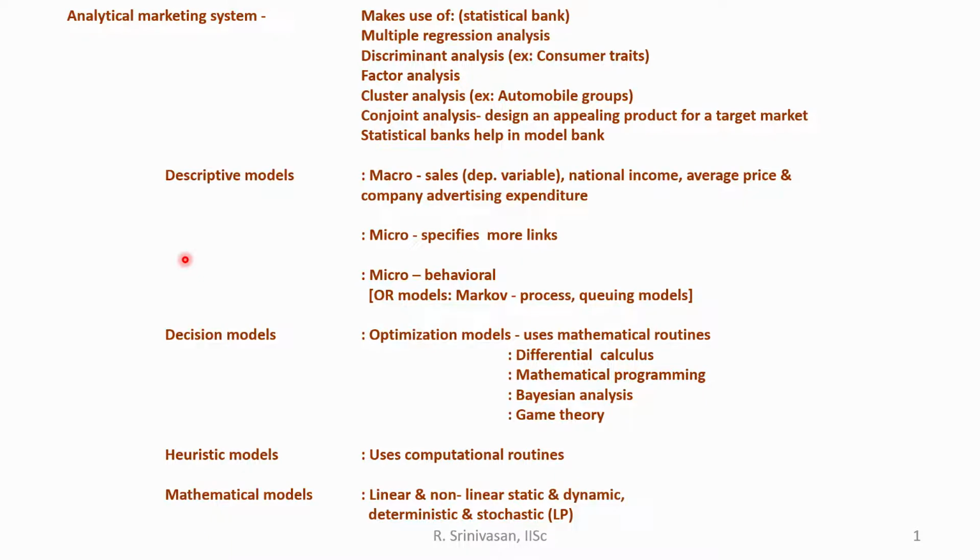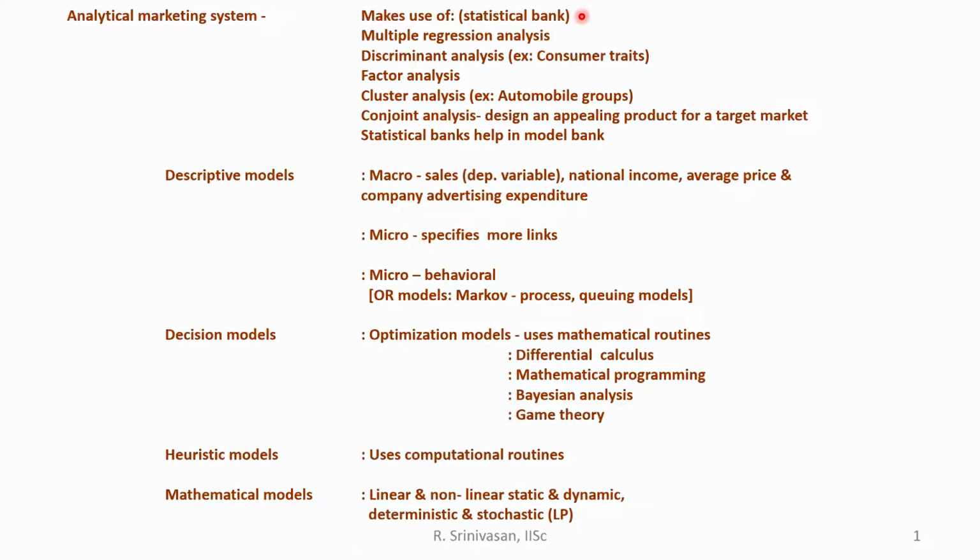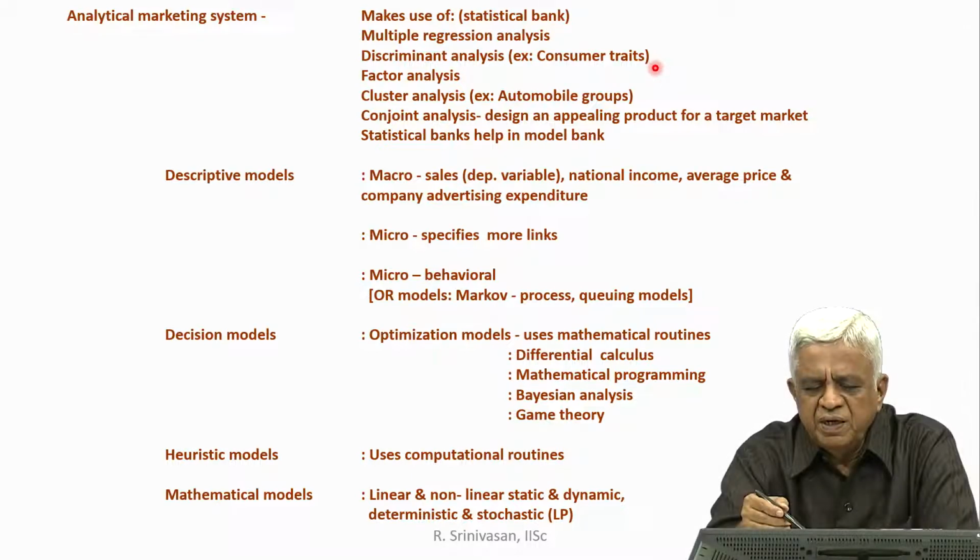In other words, an analytical marketing system always makes use of a statistical bank. The next question is, what does this statistical bank involve? It involves multiple regression analysis. Generally these are the things which we make use of: multiple regression analysis, then discriminant analysis.